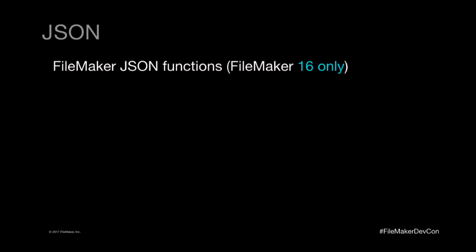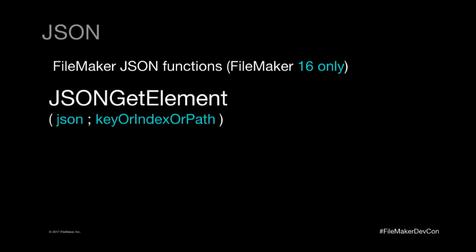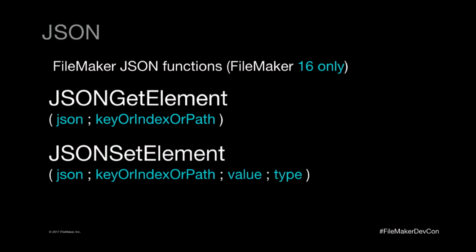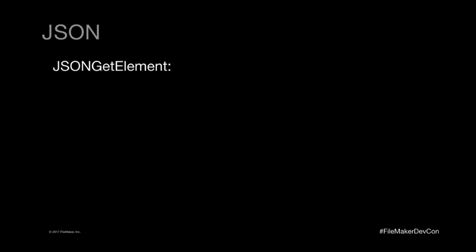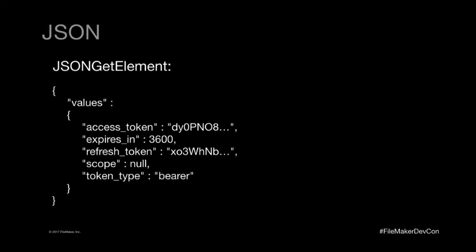And we have in FileMaker 16 a number of new functions that help us to deal with JSON objects. The most important are JSON Get Element and JSON Set Element. JSON Get Element, we use it to grab information from a JSON object. We have, for example, this JSON object, and we have values, which is here. Values is the key for this complete value, and it's another JSON object.